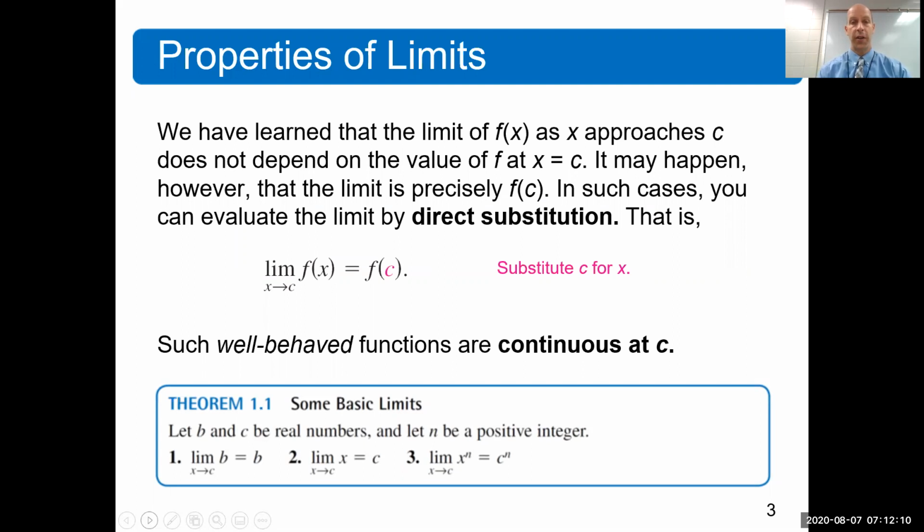So the first slide here is talking about something that I've already mentioned in our previous lesson, which was direct substitution. Ideally, in almost all cases in real life, but in this class, not necessarily, you can do the limit just by doing direct substitution.